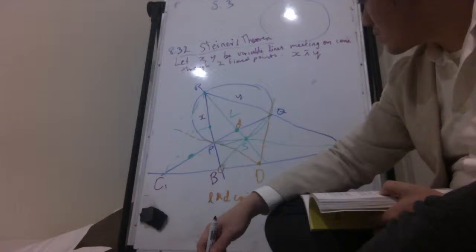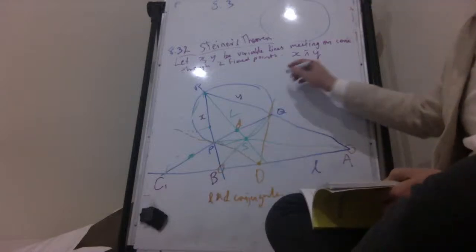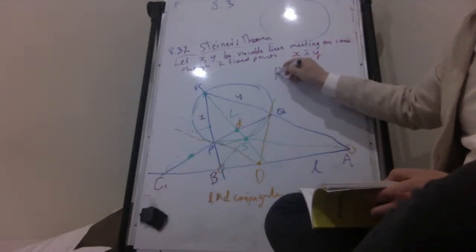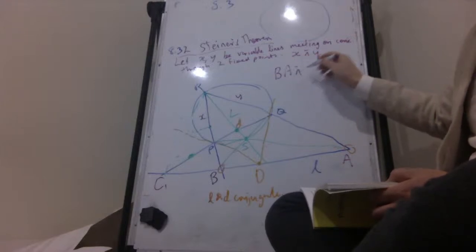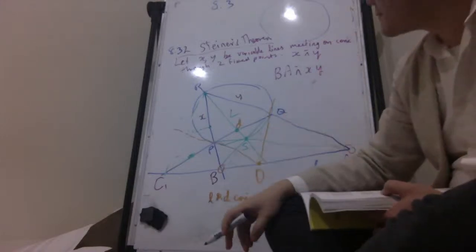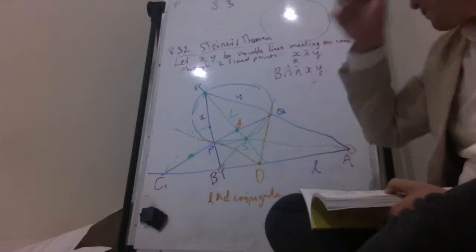X is a line passing through B, Y is a line passing through A, and R. So BA is related by an elementary correspondence to XY, through R.